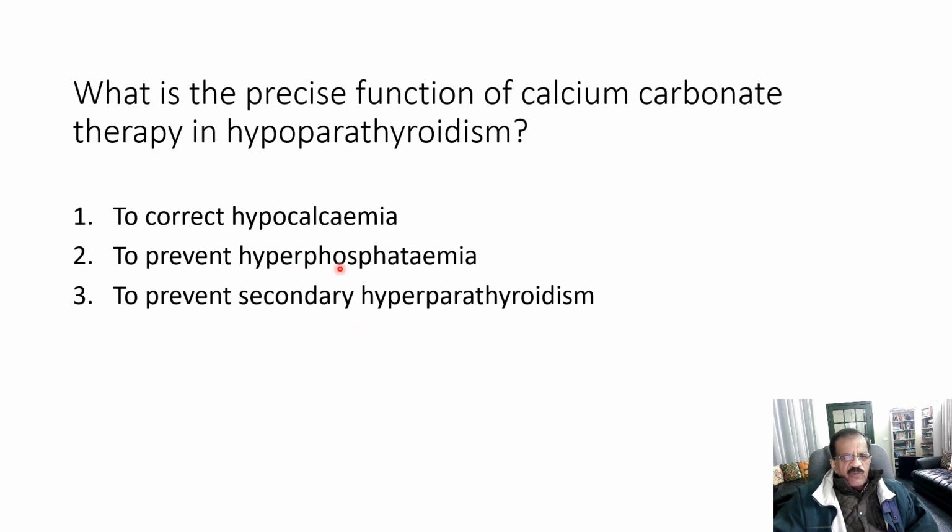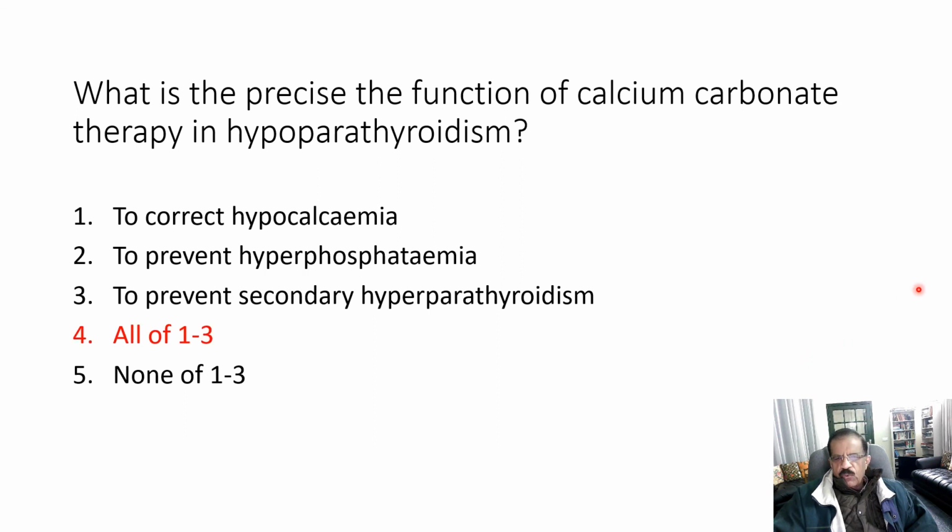Once hyperphosphatemia is prevented, then secondary hyperparathyroidism is also prevented because it is the phosphate which causes secondary hyperparathyroidism. Either all of 1, 2, 3 are correct, or none of them are correct. This is very simple, straightforward. I think all 1, 2, 3 are correct.